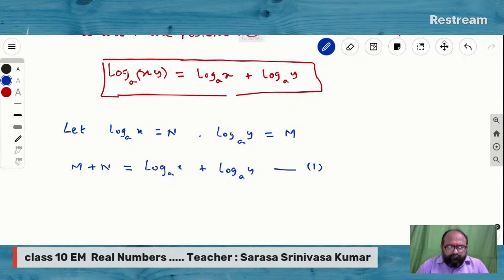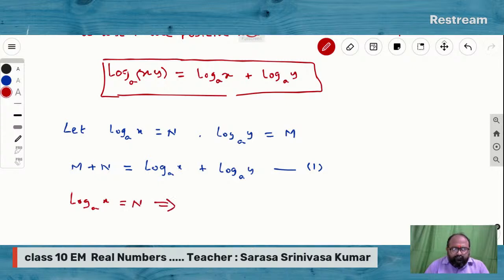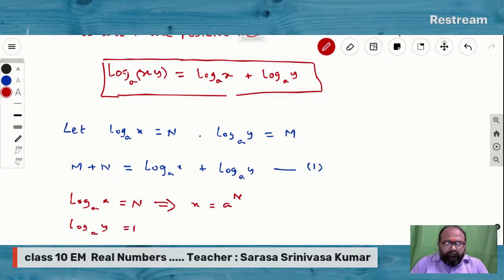Now, by the definition of logarithm, log x base a equal to n implies x equal to a power n. Log y base a equal to m implies y equal to a power m.